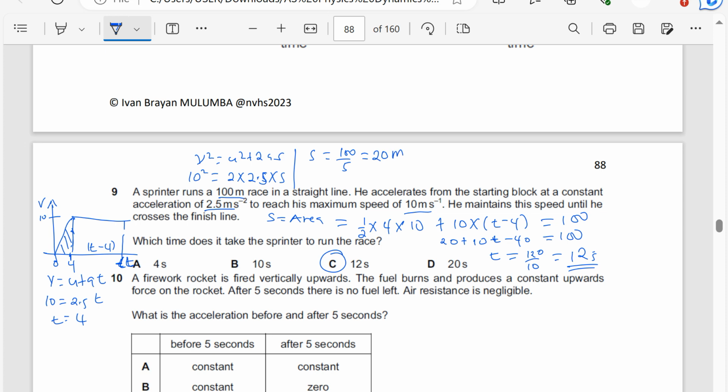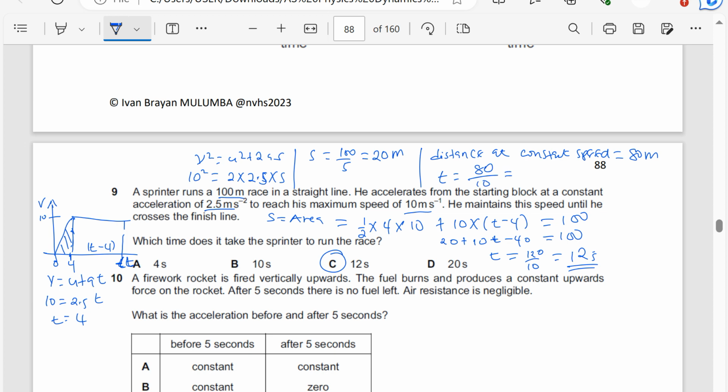That means the distance covered at a constant speed is going to be therefore 100 minus 20, which is going to be 80 meters. Then since distance is equal to speed times time, the time here is going to be distance, 80, divided by the speed, which is 10.